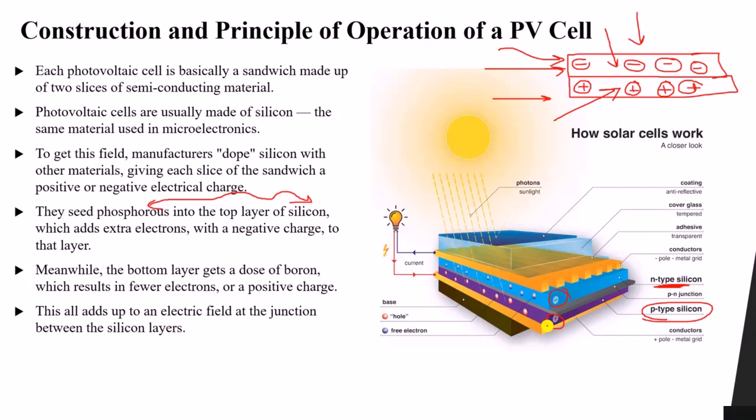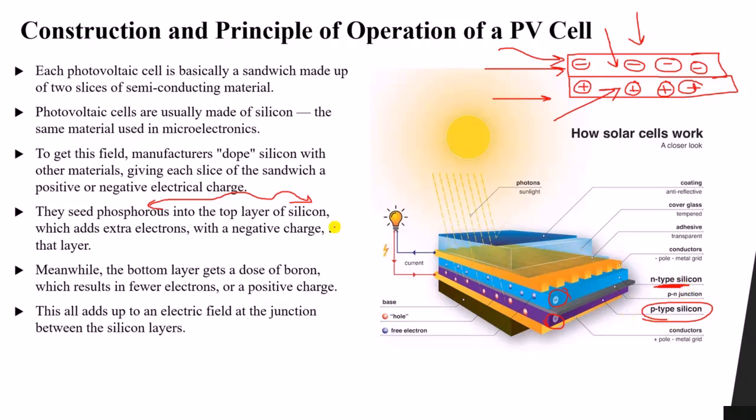Due to the large number of positive holes in one and excess electrons in the other, we have what is called the p-n junction. Since we have p-type silicon and n-type silicon, they combine with each other, forming the p-n junction.